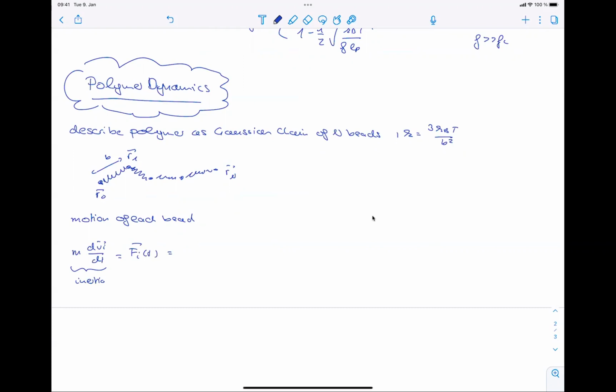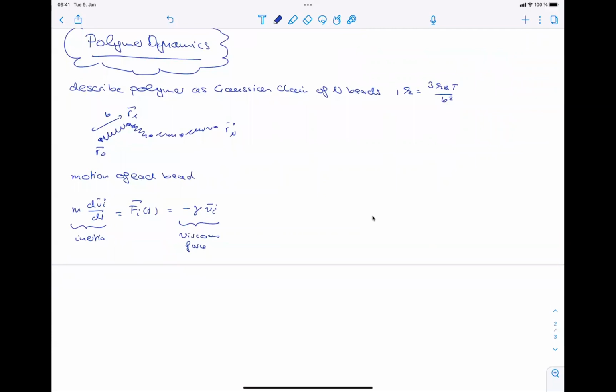And of those, we have a viscous force that is proportional to the velocity. That's actually experimental physics 1, right? This friction constant of the viscous force for a sphere can be calculated as 6 pi eta a, eta being the viscosity of the fluid. That's Stokes' law. So it's proportional to the radius of the bead, that's the important thing.